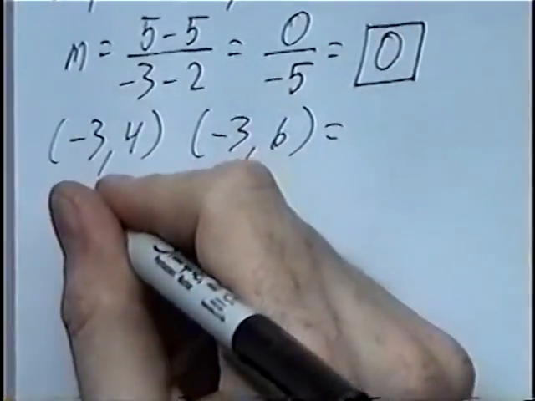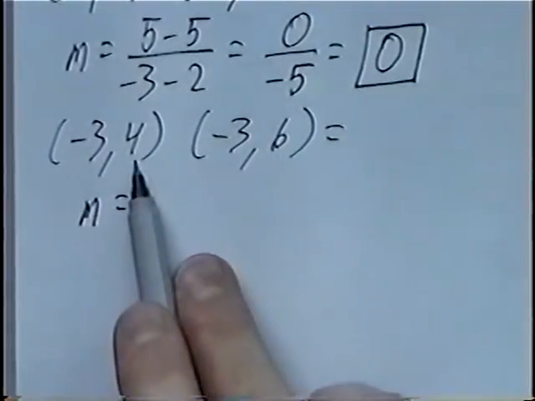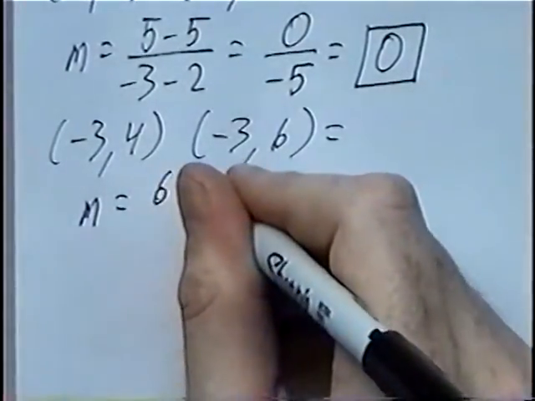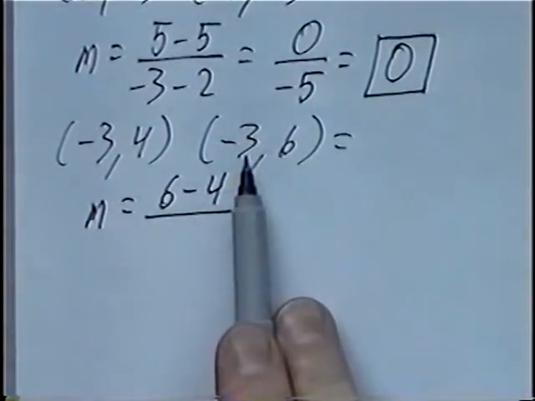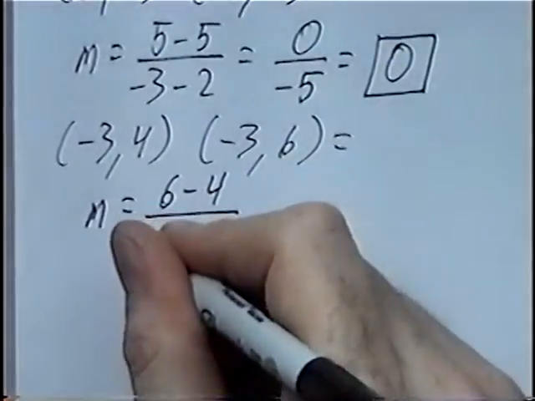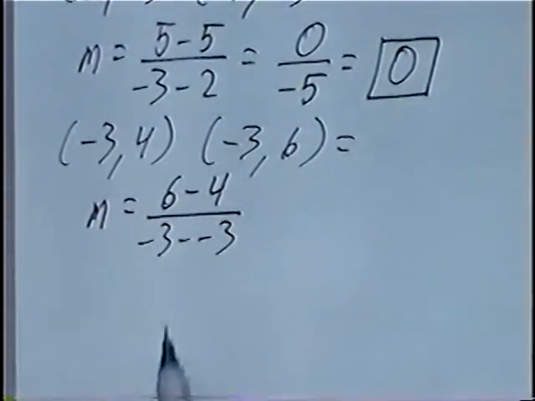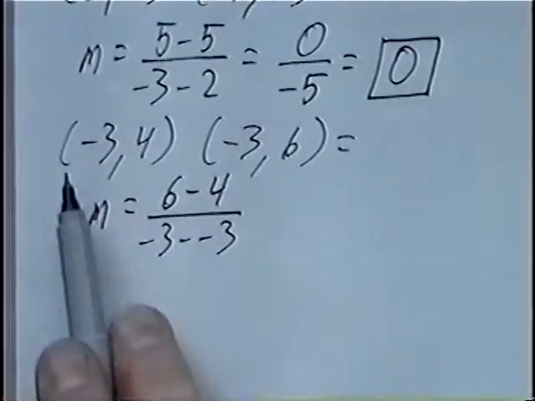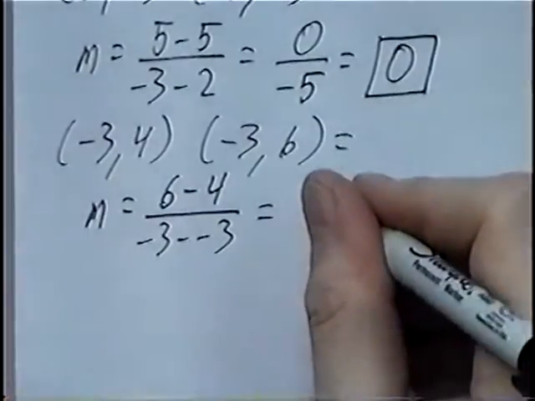Finding the slope again, we can use the equation or formula for m. M equals, subtracting the 2 y values, 6 minus 4, and we'll also subtract the x values, -3 minus a -3. And again, we'll have a minus sign from the formula, and also a minus sign from the -3. 6 minus 4 would be 2.